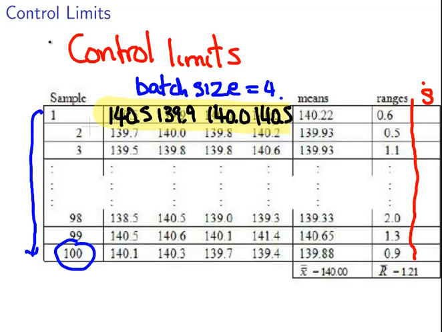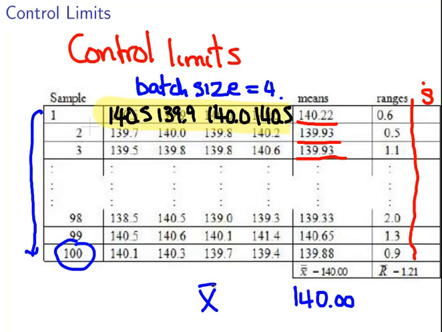Essentially what we do is we calculate the mean of the first batch, the mean of the second batch, the mean of the third batch, and so on, all the way down to the full 100 batches, and we get the grand mean of all of those means, and that turns out to be 140.